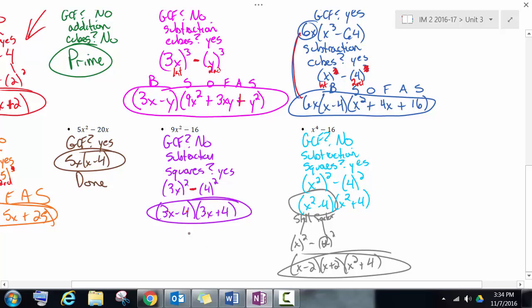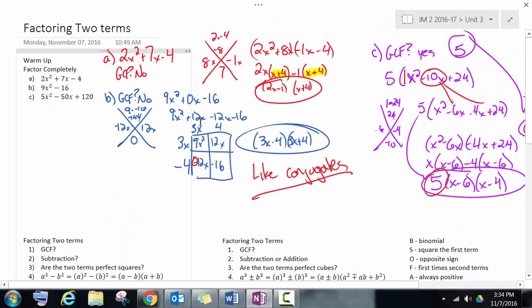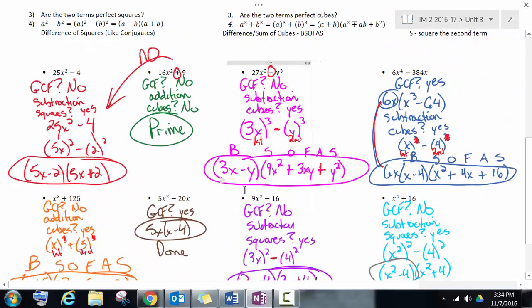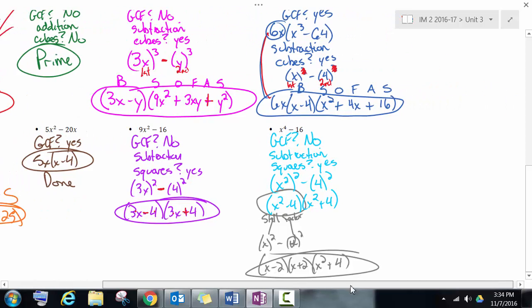And difference of squares, so we have different signs. One's minus, one's plus. And 3x minus 4, 3x plus 4. And again, notice that is the same thing as our warm-up here with b term of 0. So you can do it this way with the diamond problem, or you can do it with the difference of squares, which I think is a little bit shorter.